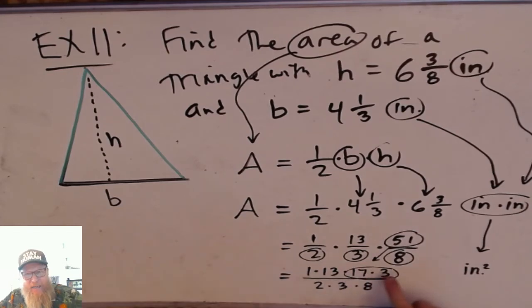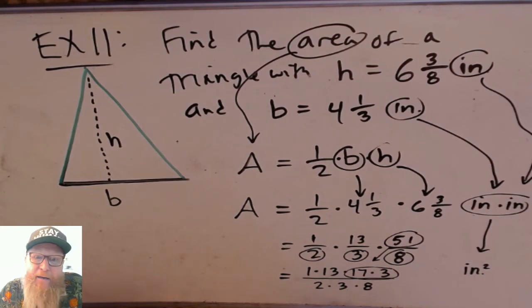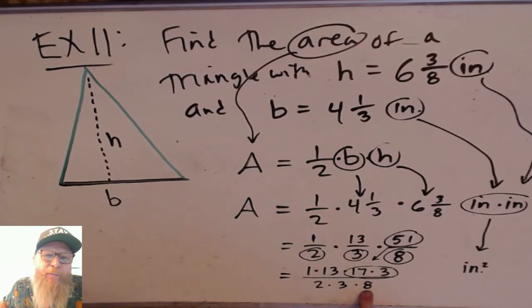If I had more even numbers in the numerator, notice the numerator is all odd numbers. If I had a bunch of even numbers in the numerator, I mean, you might in your problem, it's kind of a 50-50 chance of whether you're going to get evens or odds. Then I would probably go a little bit more factoring. I'd break up that 8.